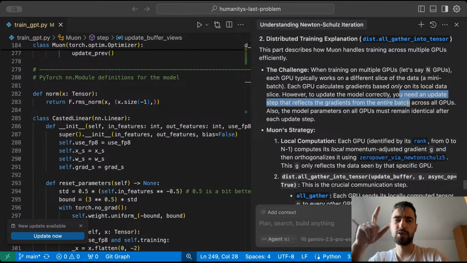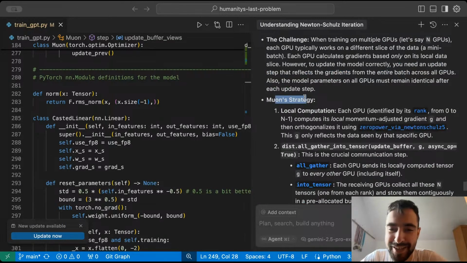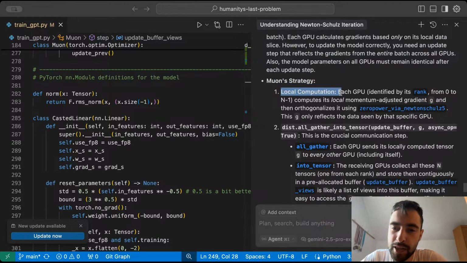So you need to update model parameters, and after you update them, you need to update them on each GPU. Muon strategy: local computation.